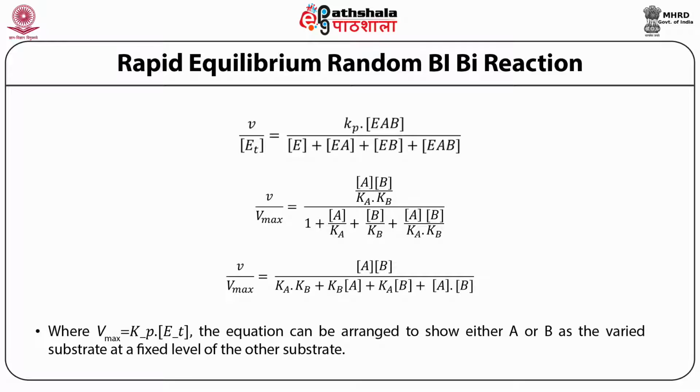The equation can be rearranged to show either A or B as the varied substrate at a fixed level of the other substrate. In some equations, we have two types of kinetics. When calculating these, we assume that if A binds first and B binds after the binding of A, B has the dissociation constant Kb.